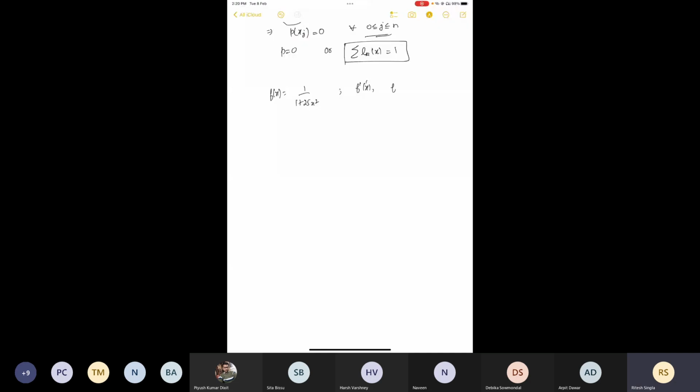Do one thing, find f prime x, f double prime x, and find some 2 or 3 iterations, because you know that the error is somehow dependent upon f^(n+1)(xi) into (x minus x0), (x minus x1), and so on up to (x minus xn), upon (n plus 1) factorial. You know this thing, right? For the Lagrangian interpolation, this is the error. Yes, sir.